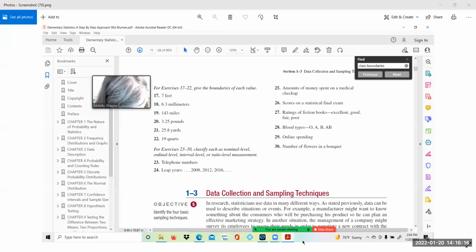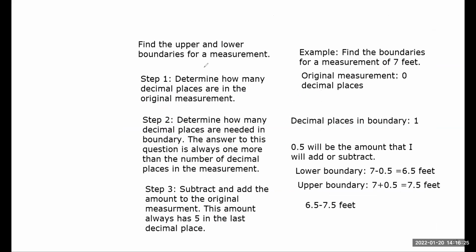This is problem 18. I'm going to share it here. So I'm going to move the whiteboard. This example was problem 17 from section 1.3. Okay, we're going to do problem 18 as well.